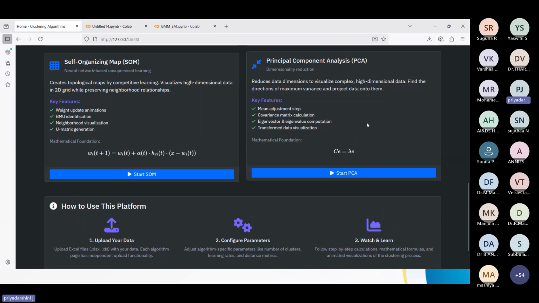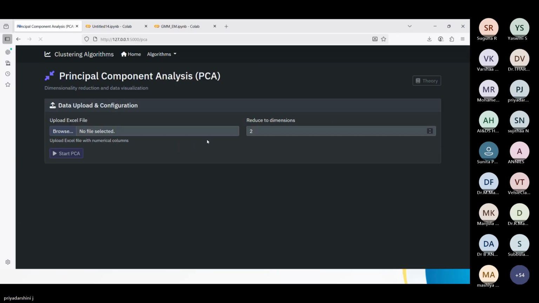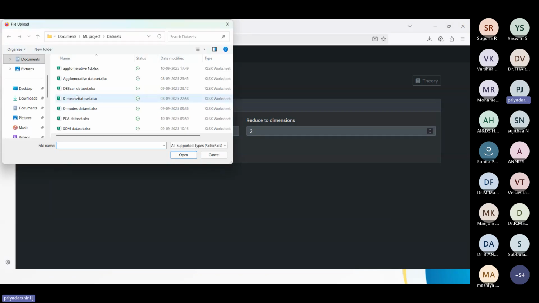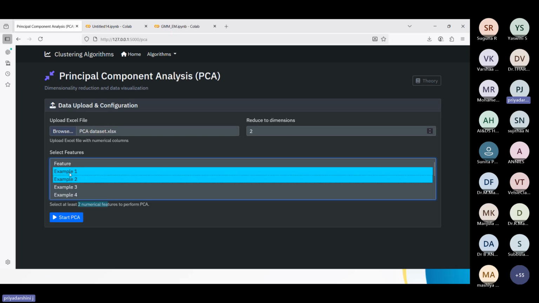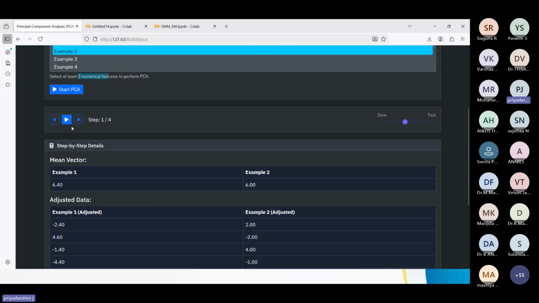Principal component analysis reduces the data dimensionality. Suppose I'm going to give PCA many examples, and I want it reduced to 2 dimensions. It says that I need to select at least 2 numerical features. So I'm taking example 1 and 2. There are 4 steps.